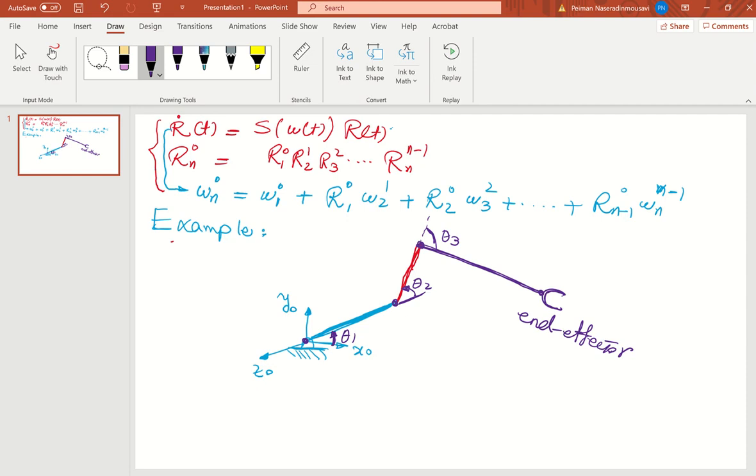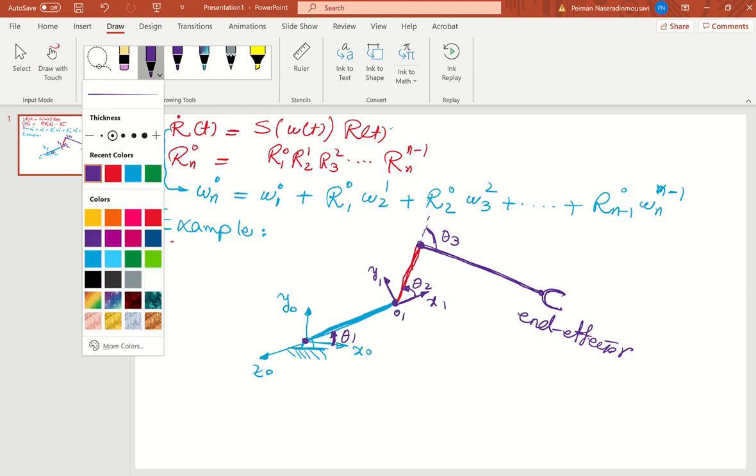The same here, z1 is out of the page, and x1 is normal to both of the z's and connects them, so this is going to be x1. Since z is out of the page, based on the right hand rule this is going to be y1. Here is o1, obviously.